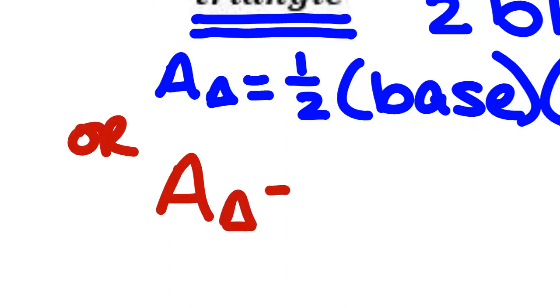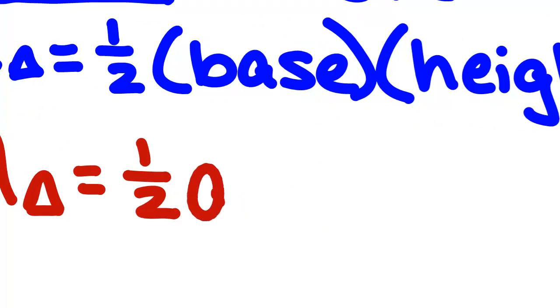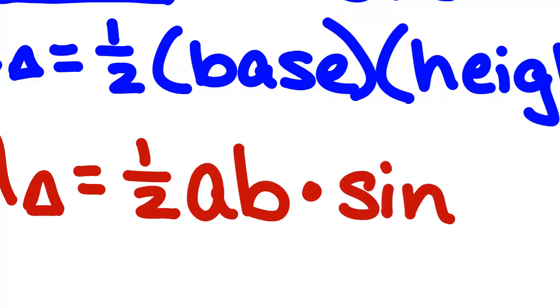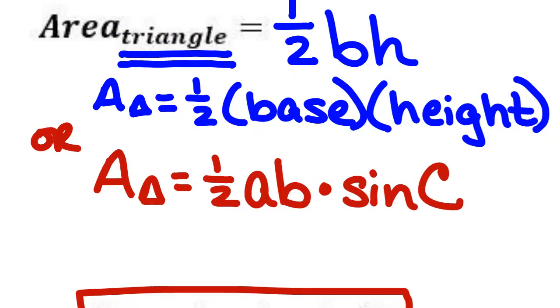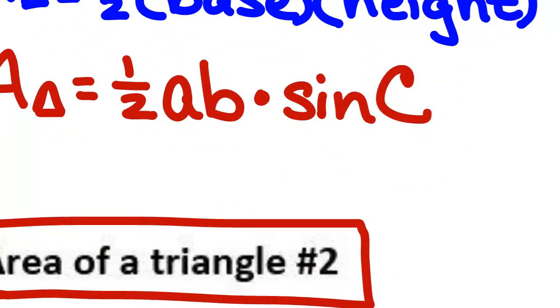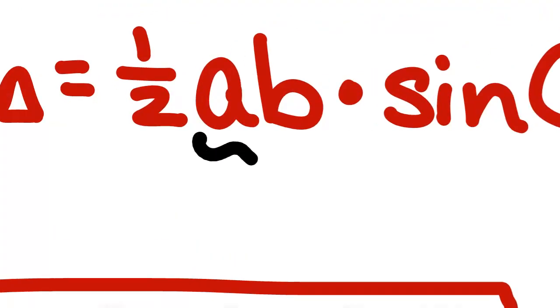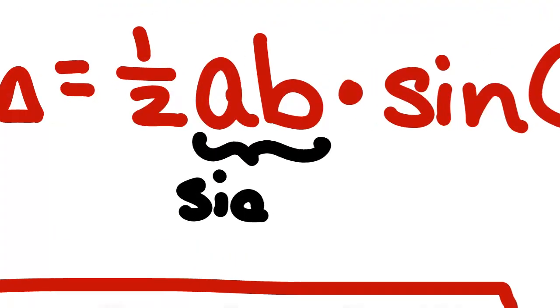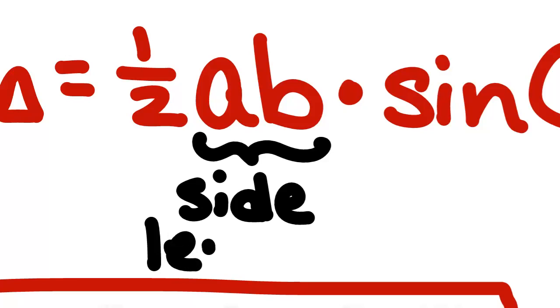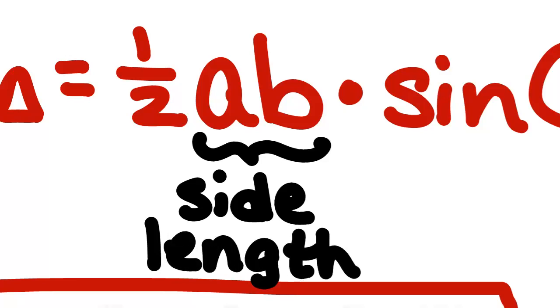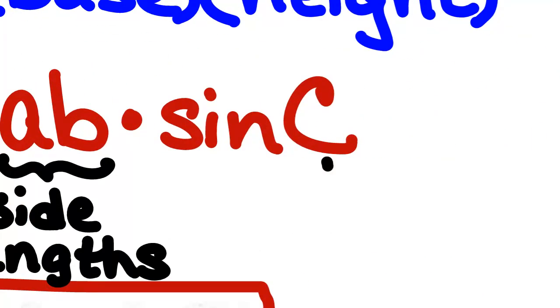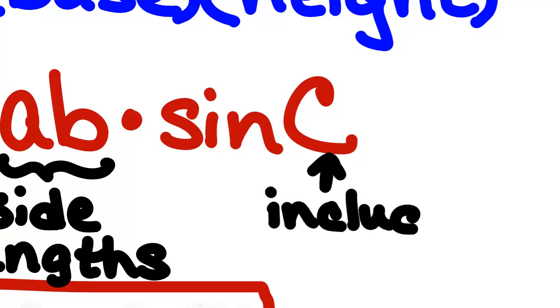Area of a triangle is equal to 1/2 AB times sine of C. A and B are side lengths. And again, C is the included angle, the angle in between them.